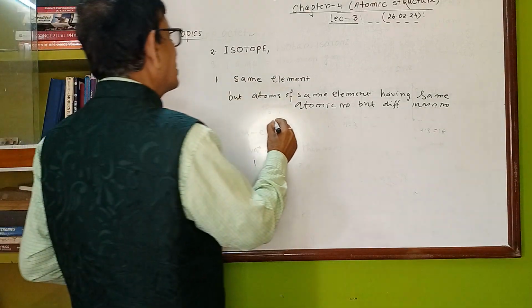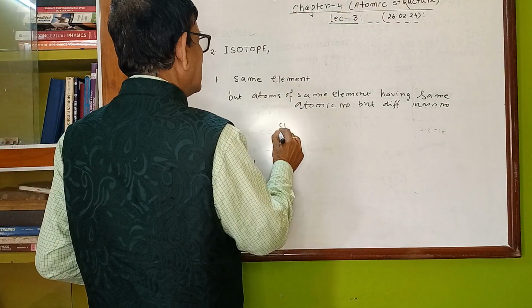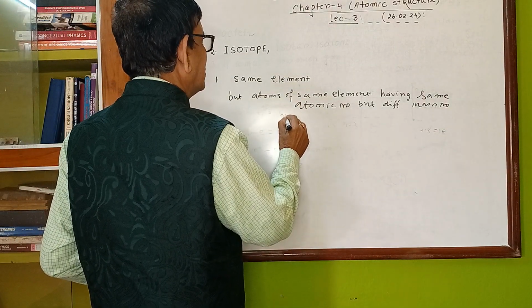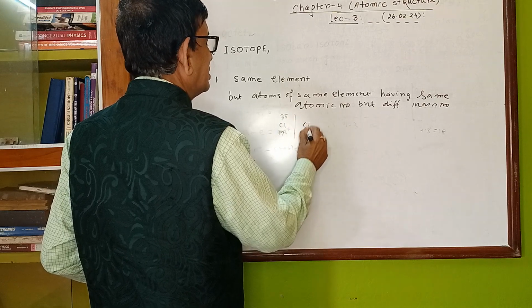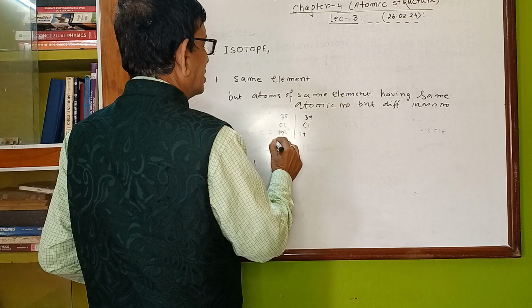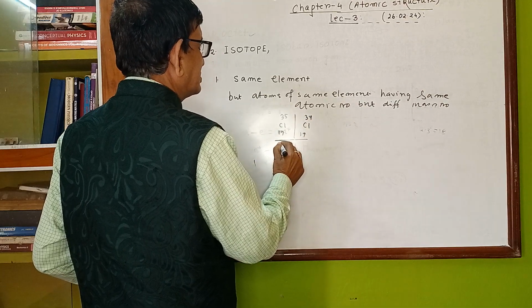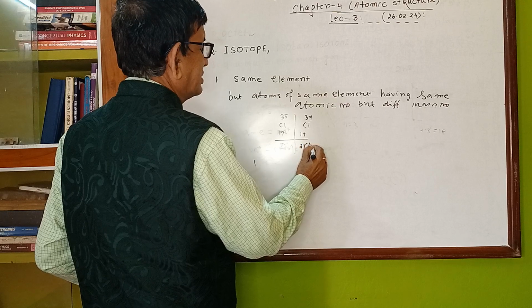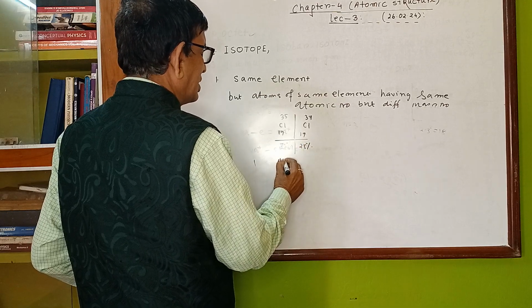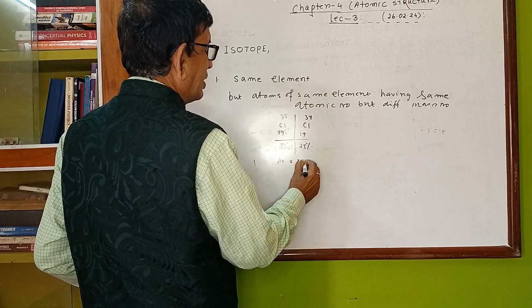As for example, chlorine 35 and chlorine 37. Chlorine 35 is about 75% and chlorine 37 is about 25% in nature, so the average atomic mass should be 35.5.